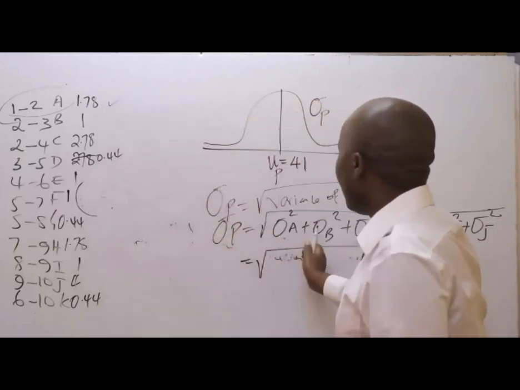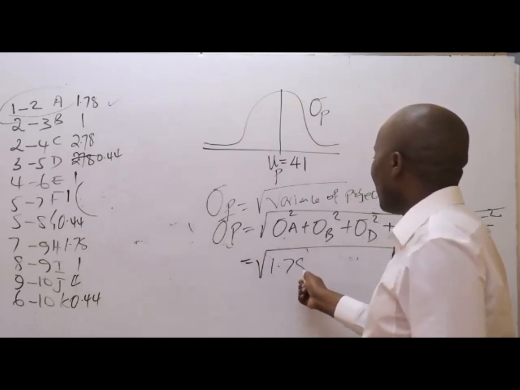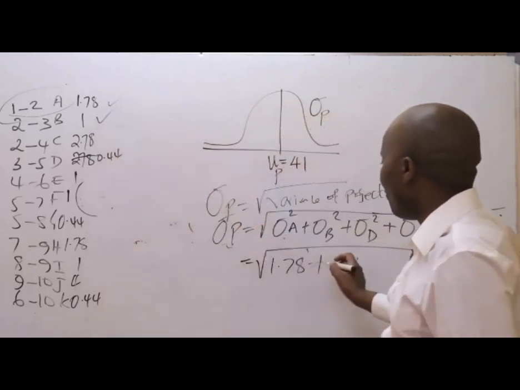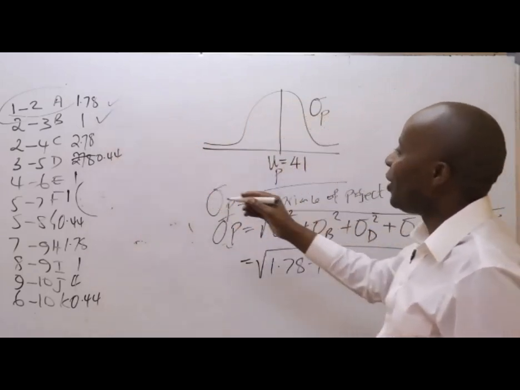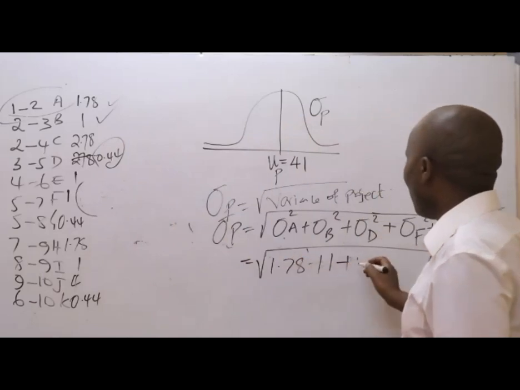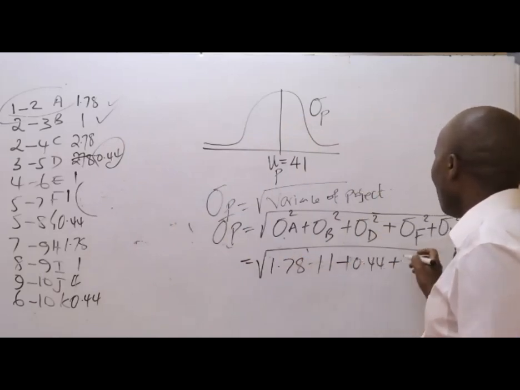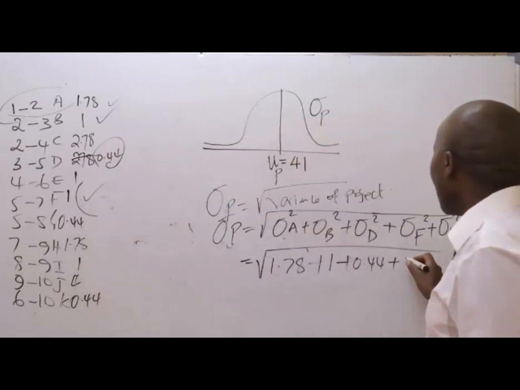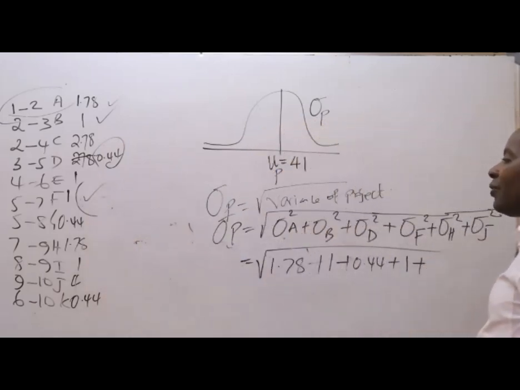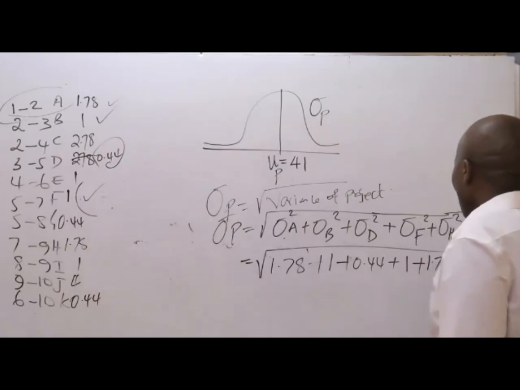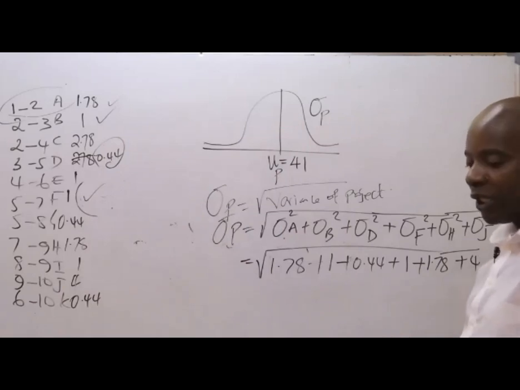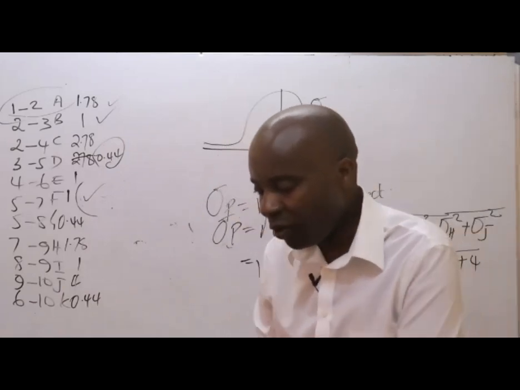It's 1.78, plus variance of B, which is 1, plus variance of D, which is 0.44, plus variance of F, which is 1, plus variance of H, which is 1.78, plus variance of J, which happens to be 4.